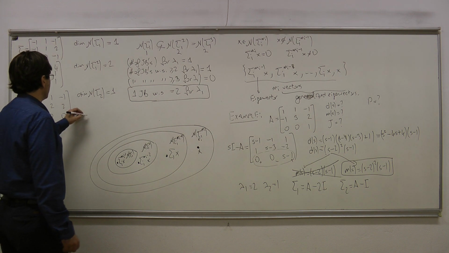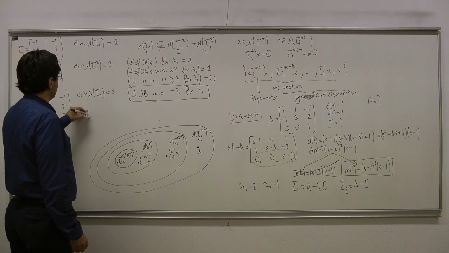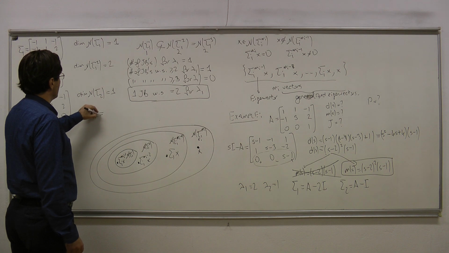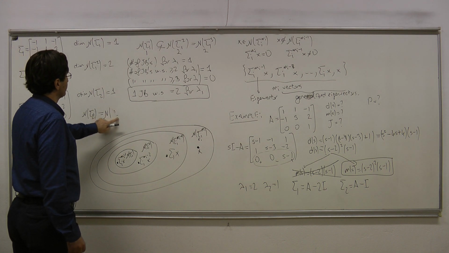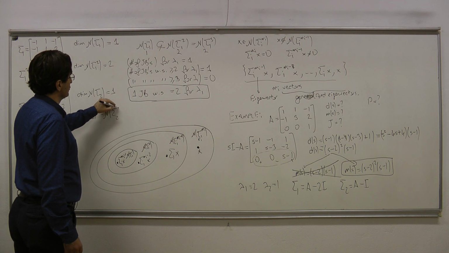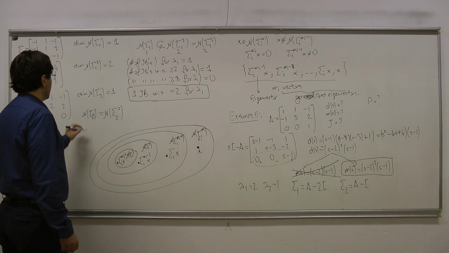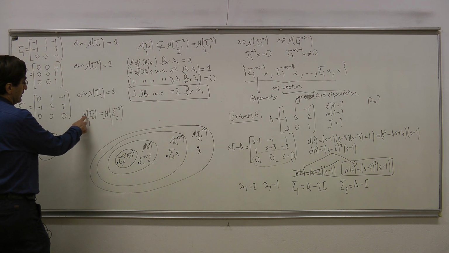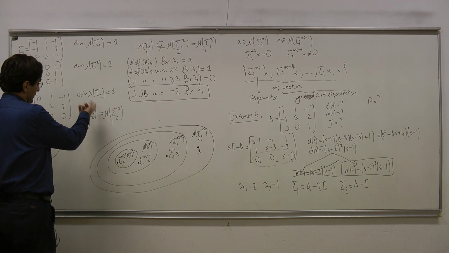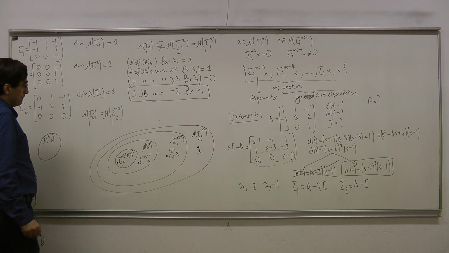Okay? So for the second eigenvalue, I have the null space of sigma 1 equals the null space of sigma 2 equals the null space of sigma 2 square. And the dimension of this one is 1, and this one is 1. Because this is the largest null space, which is reached at the power 1. Okay?